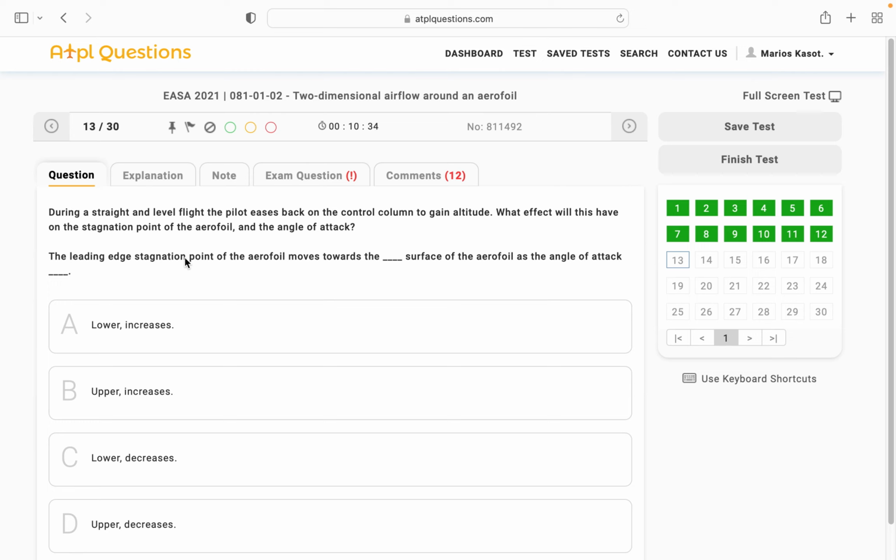The leading edge stagnation point of the airfoil moves towards the lower surface, and the angle of attack increases. So the correct answer is A.